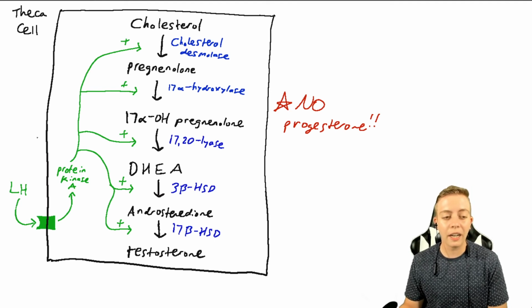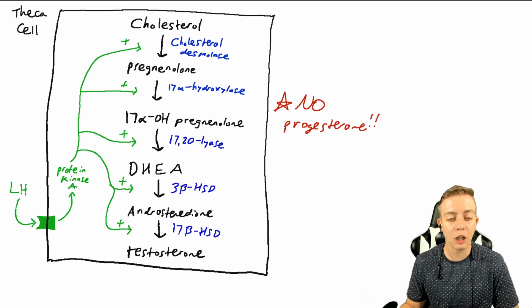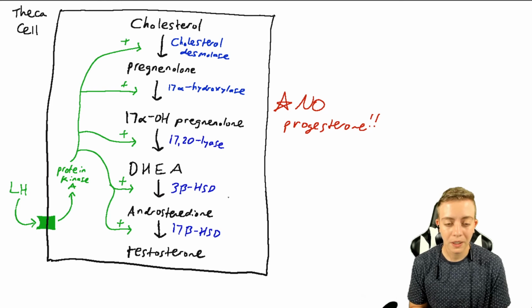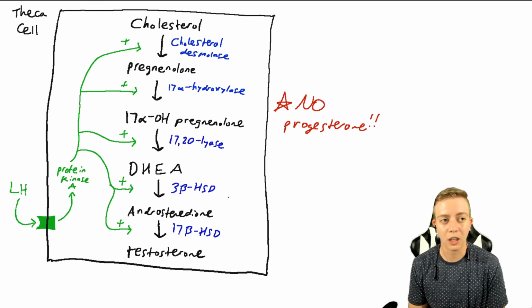So you get an increase in production of testosterone in the theca cell because you're getting more enzymes, such as cholesterol desmolase, 17-alpha hydroxylase, so on. All of these enzymes are produced via stimulation by LH on this receptor. And so this is how we get testosterone in the ovaries. If you have ovaries, you produce testosterone unless you don't have functioning theca cells.